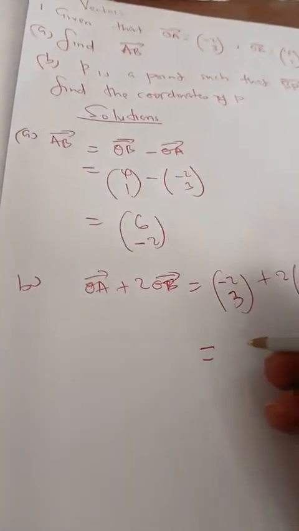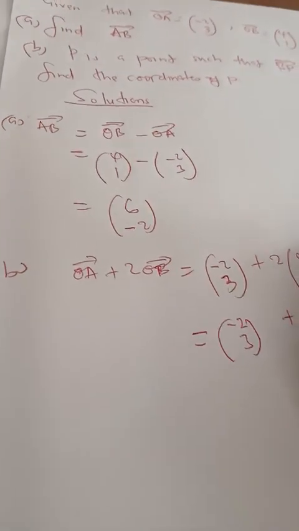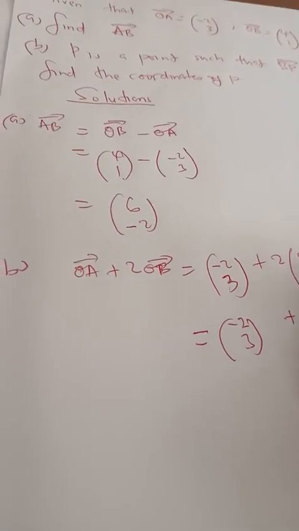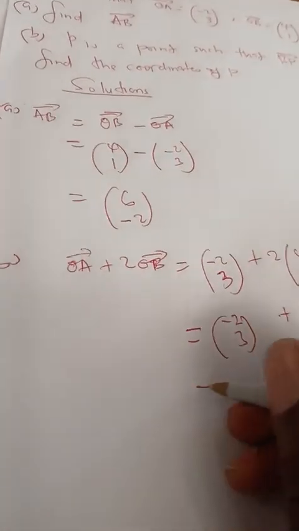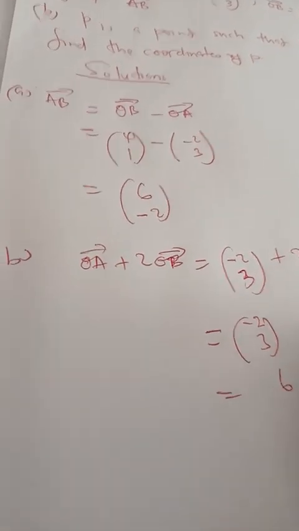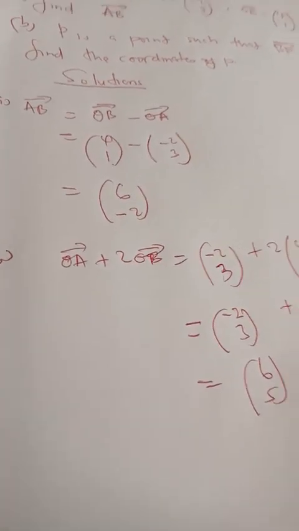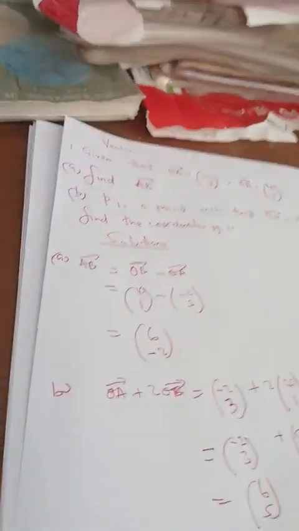We start by performing scalar multiplication: -2, 3 plus 8, 2. Adding corresponding elements, -2 plus 8 gives 6, and 3 plus 2 gives 5.